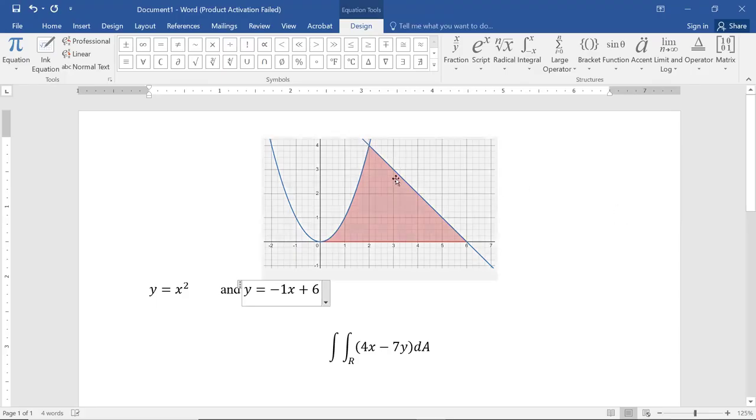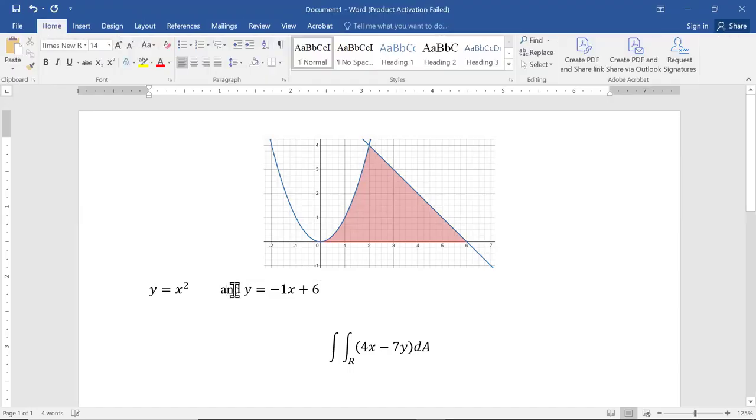That's the line here and the parabola there. Again, this is my region in the two-dimensional plane. My other significant line is the x-axis, which is the line y equals 0.